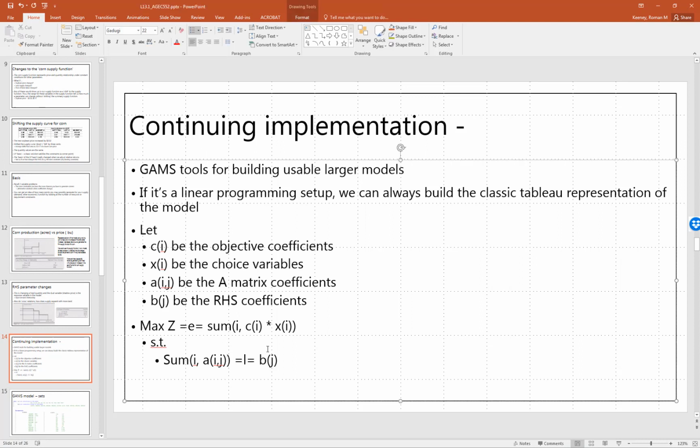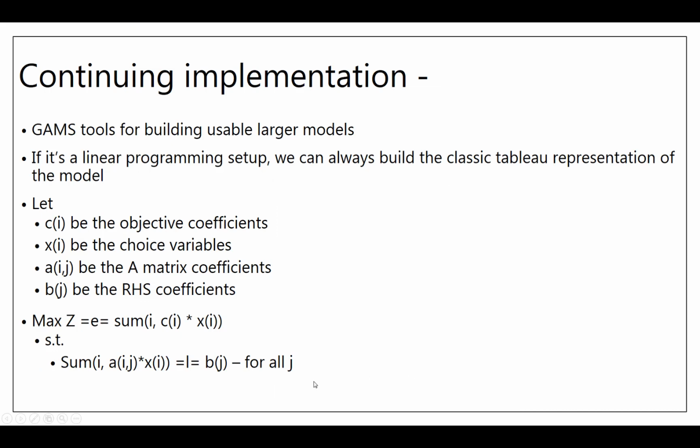So I left off this, Xi. So the sum of the A matrix times the activity levels. The summation here takes away the I's, and then you're left with just a comparison that it has to be less than or equal to the right-hand side B sub J. And we have one of those for every J in the model.